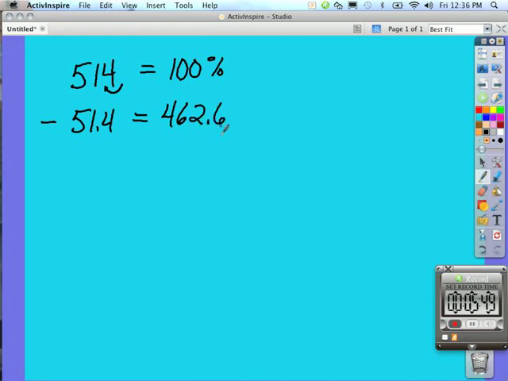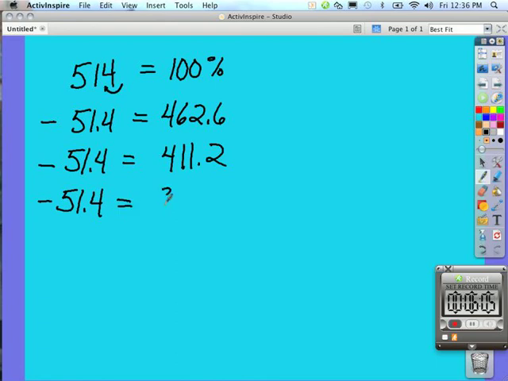Again, subtracting 51.4, this gives us 411.2. Subtract 51.4, and this gives us 359.8. Again, subtracting one more time, 51.4, that equals 308.4.